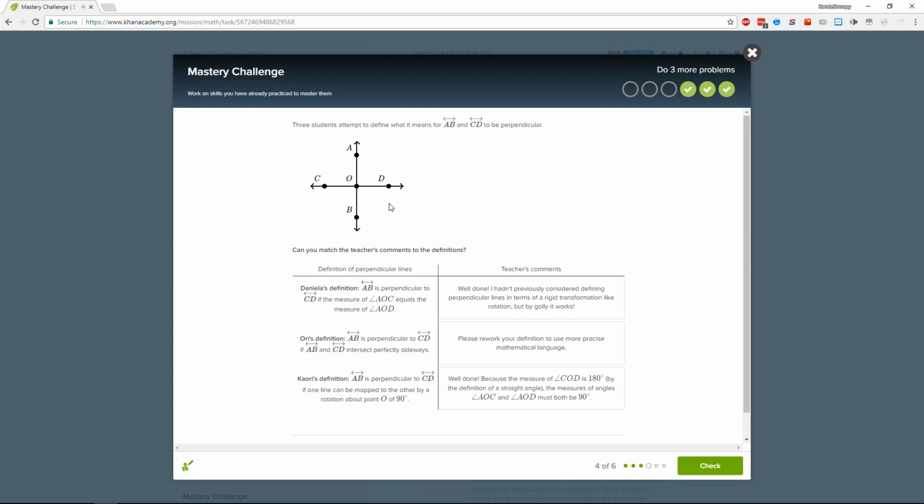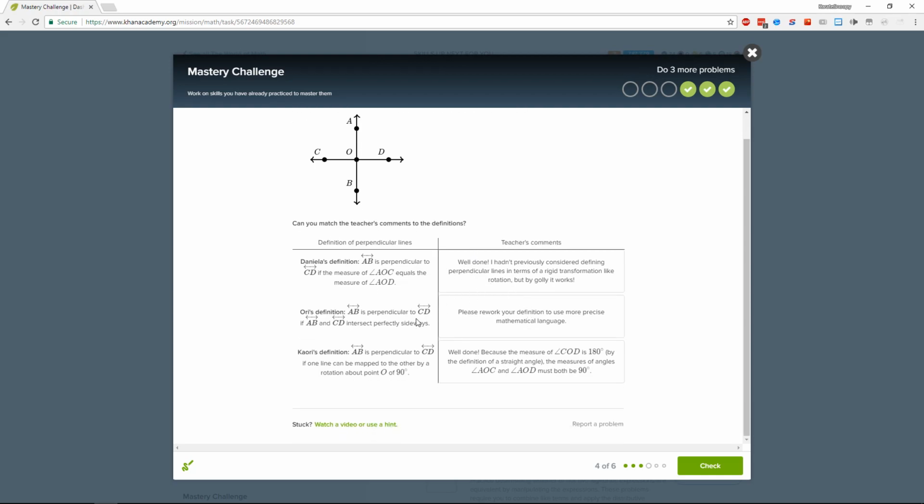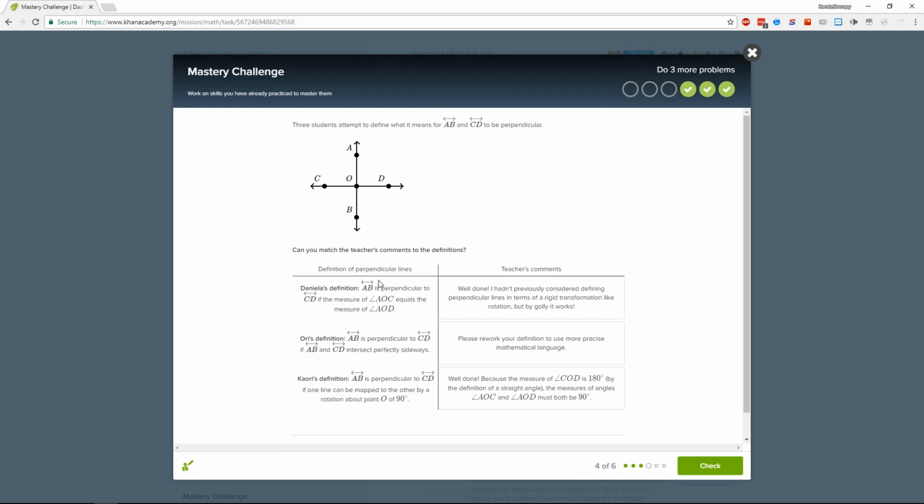Three students attempted to find what A, B, and C, D to be perpendicular. Ugh. Have to measure if AOC is equal to AOD. If AB and CD intersect perfectly sideways.